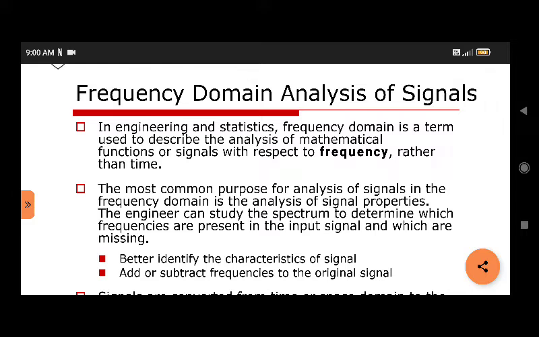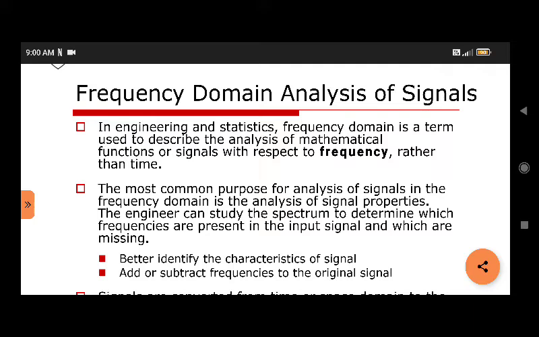The most common purpose for analysis of signals in the frequency domain is the analysis of signal properties. We want to know what properties are contained in that signal.